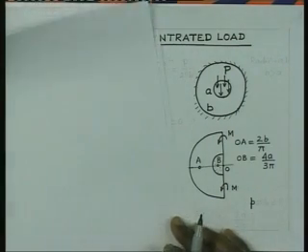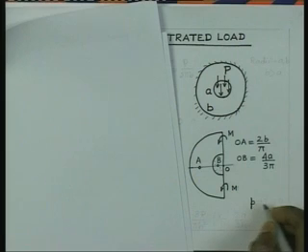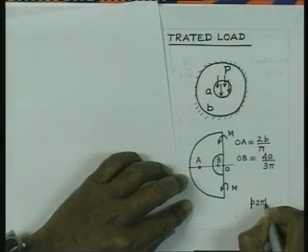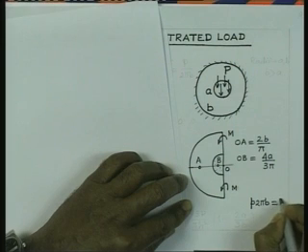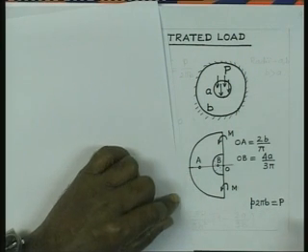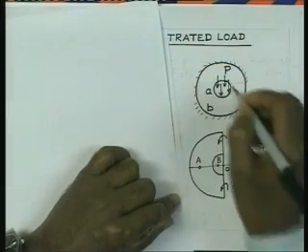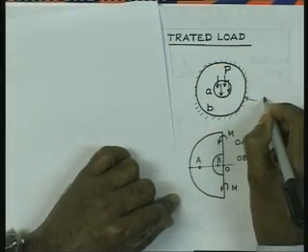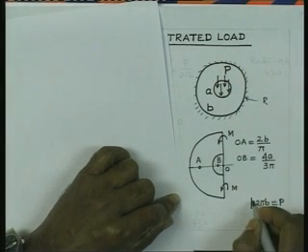Then in that case, we can write R into 2 pi B is equal to P. We better represent this reaction to be R rather than P, because P let us reserve for uniform pressure.